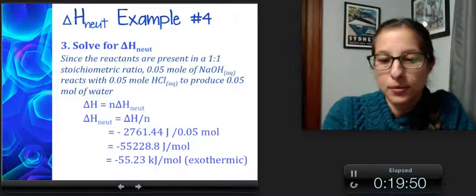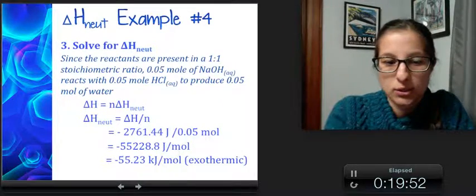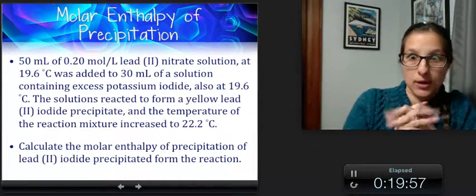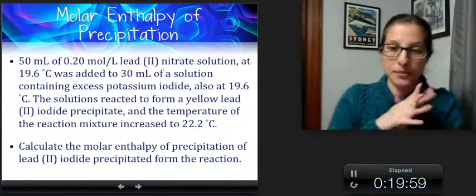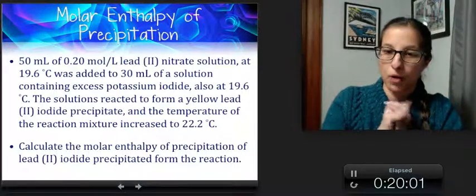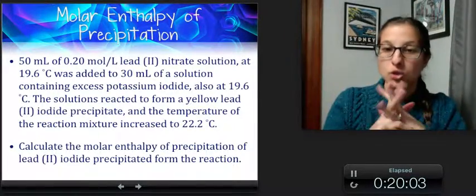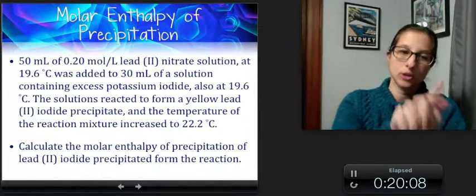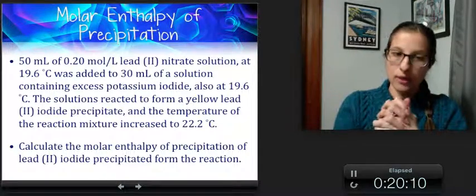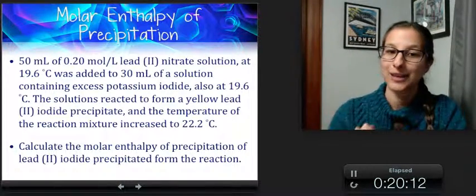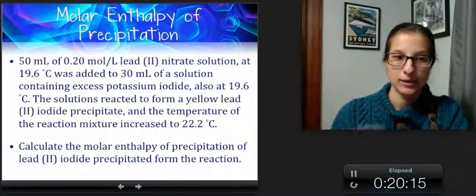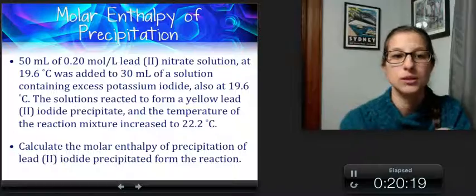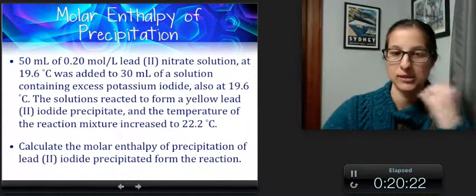All right, example 5, which is going to be our last example. Molar enthalpy of precipitation. Remember, a precipitate is a solid that is formed from two aqueous solutions going together. So we have 0.5 milliliters of 0.2 mole per liter of lead(II) nitrate solution at 19.6 degrees Celsius, and we're going to add that to 30 milliliters of solution containing excess potassium iodide.